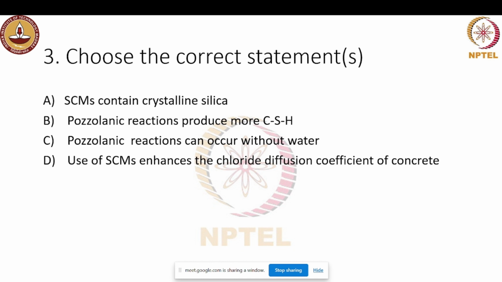First, tell me if anything is not clear about these statements, like SCM, pozzolanic, CSH. Is there anything you are not clear with? SCM is supplementary cementitious material like fly ash, silica fume, GGBS.